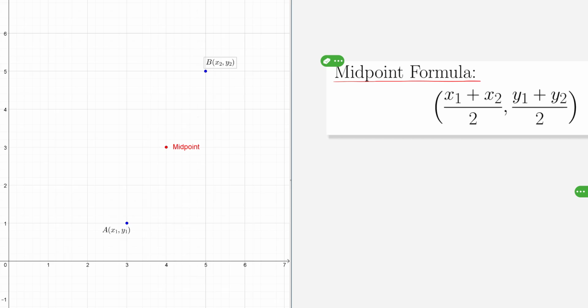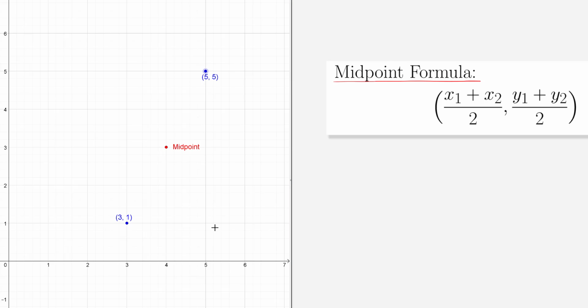If we have one point, here the point A, we call it (x1, y1), and another point we call (x2, y2), then to get the midpoint, it's simply ((x1 + x2) / 2, (y1 + y2) / 2). What this is really doing is getting the average of the x values and the average of the y values, and that will get us our midpoint.